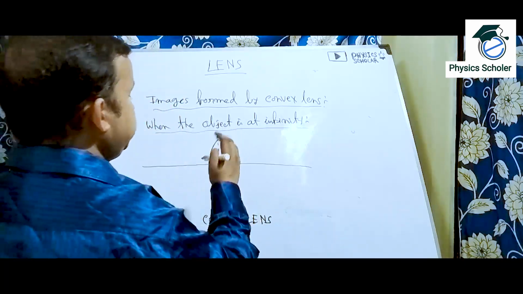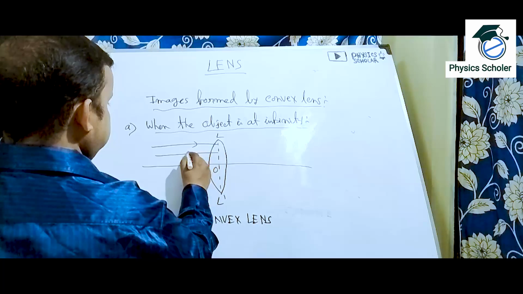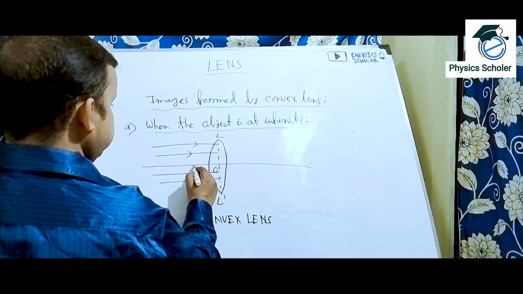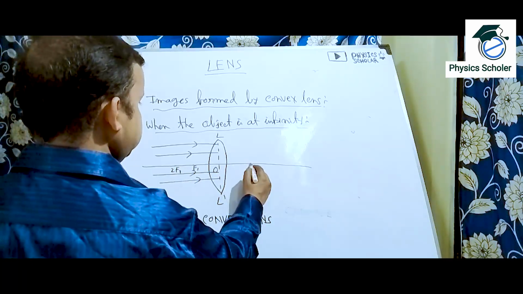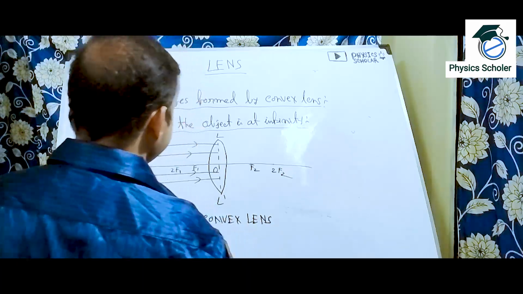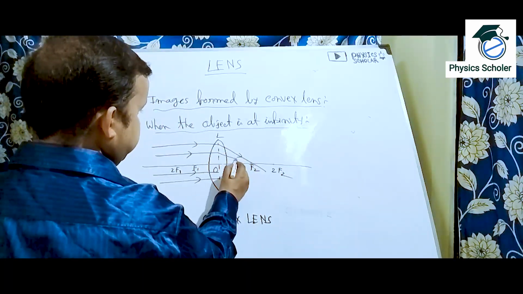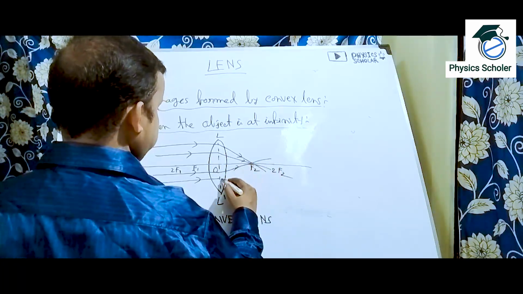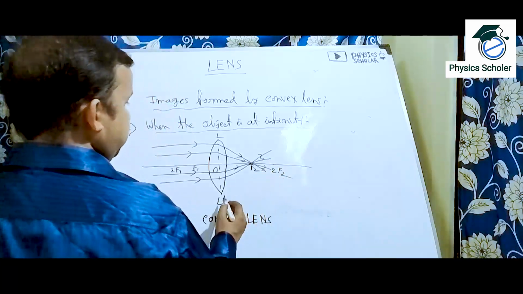When the object is at infinity, the rays coming are considered as parallel to each other. So it is F1 to F1, F2 to F2. So what will happen? All the rays after getting refracted will pass through the principal focus.